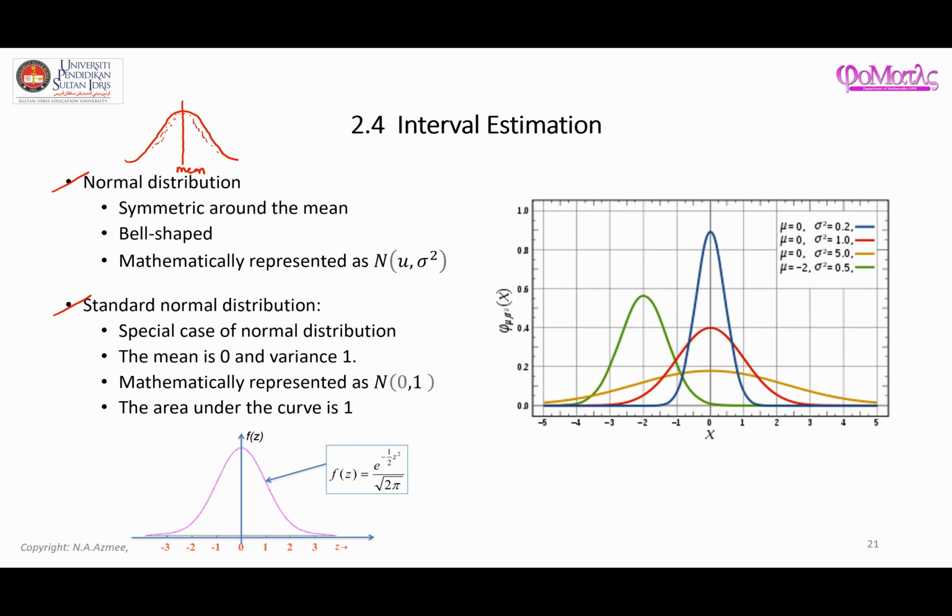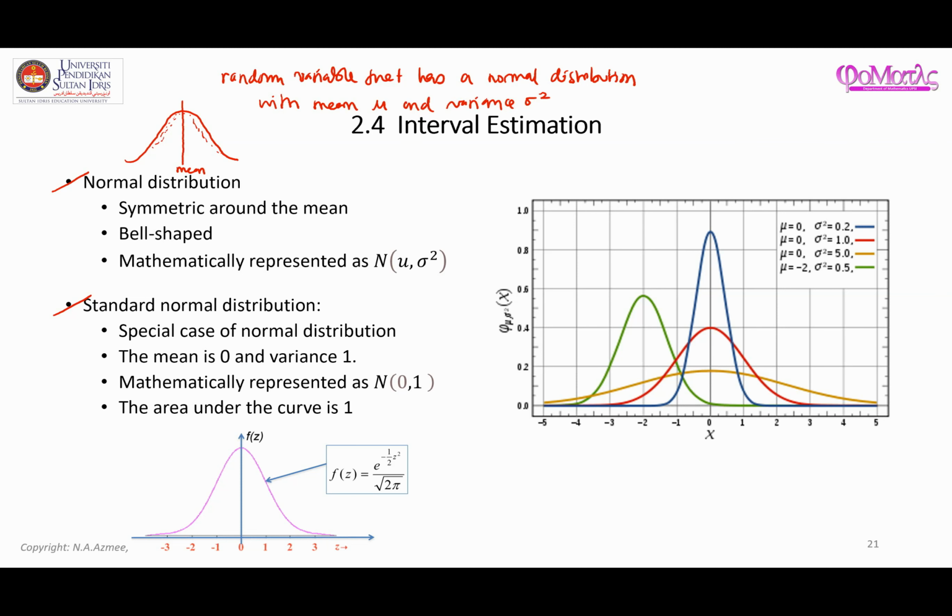And let's say you have this long sentence: a random variable that has a normal distribution with mean mu and variance sigma squared.